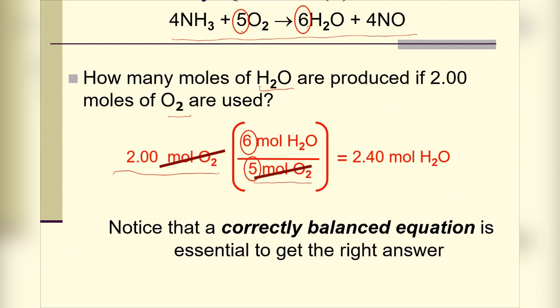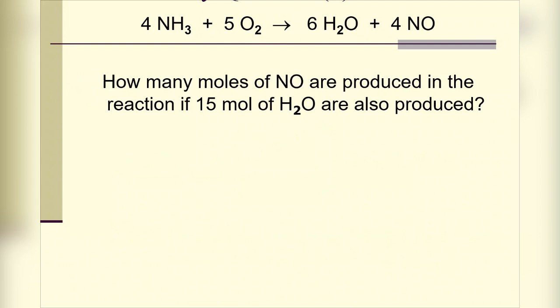Let's solve another problem. How many moles of NO are produced in the reaction if 15 moles of H2O? So where would we start? Moles of H2O. Here. Multiply by the ratio.